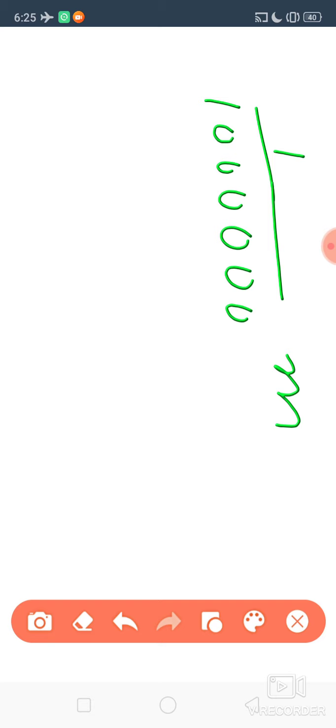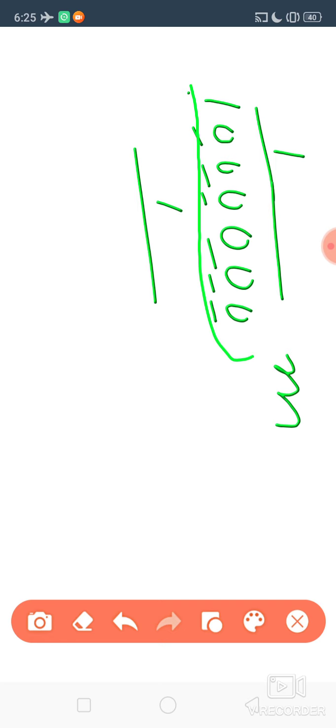First of all, this is 1, tens, 100, 1000, 10,000, lakh, 10 lakh. This is given as 1 by 10 lakh. In the denominator 6 zeros are given, so we can write it as 1 by 10 to the power 6.